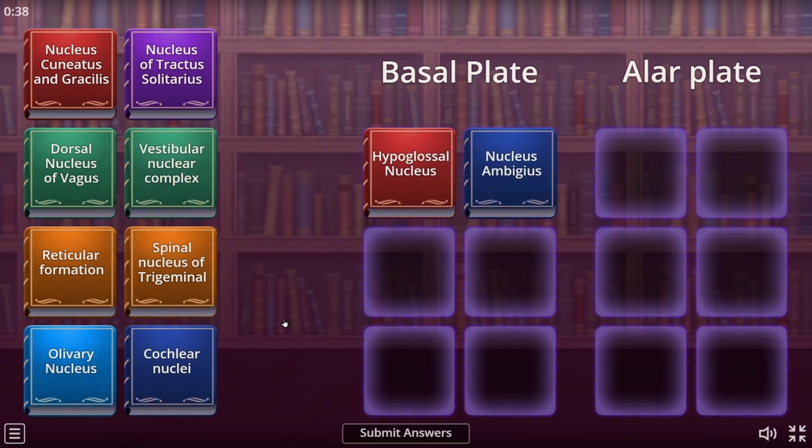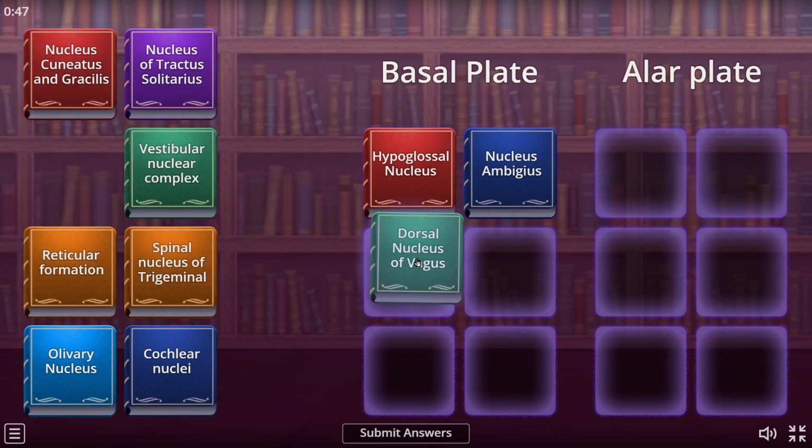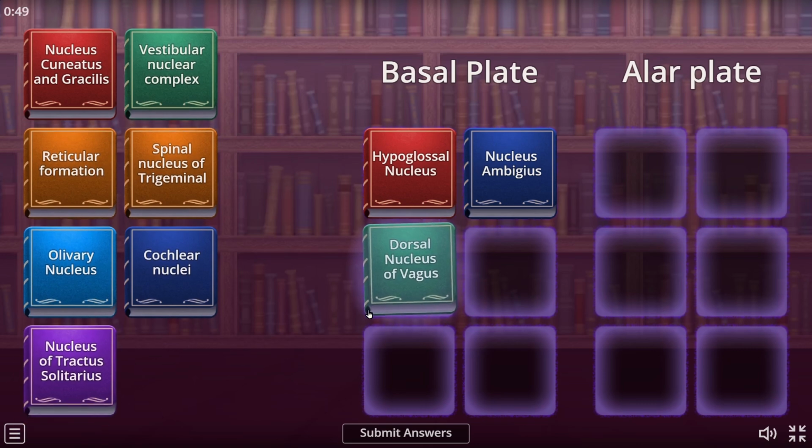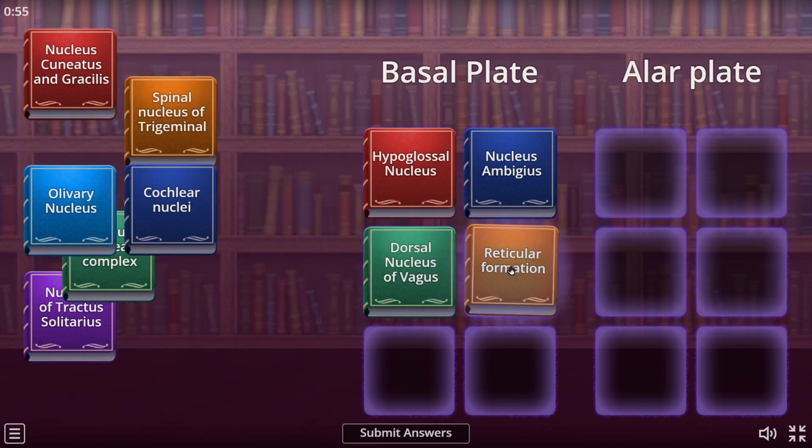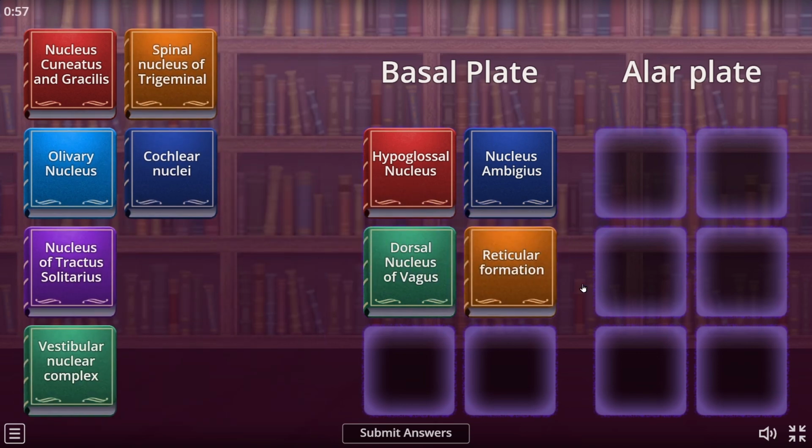And then, if I remember correctly, we have the general visceral efferent nucleus, which is the dorsal nucleus of vagus. Then reticular formation, it is mainly derived from basal plate and some components of course from the alar plate, but mainly basal plate, so I will put it here.